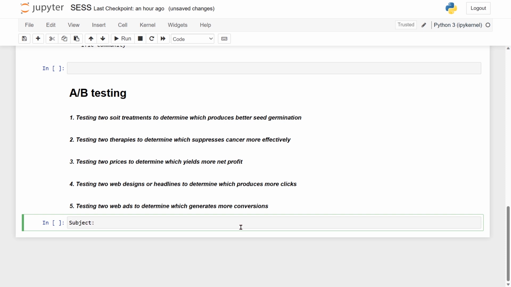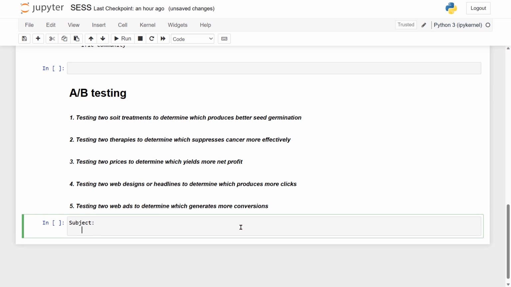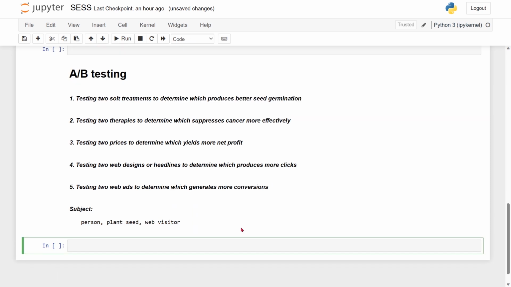Subjects are the ones being subjected to some kind of treatment. Simple definition, my own definition. A subject could be a person, or a plant seed if our treatment is soil, or a web visitor.